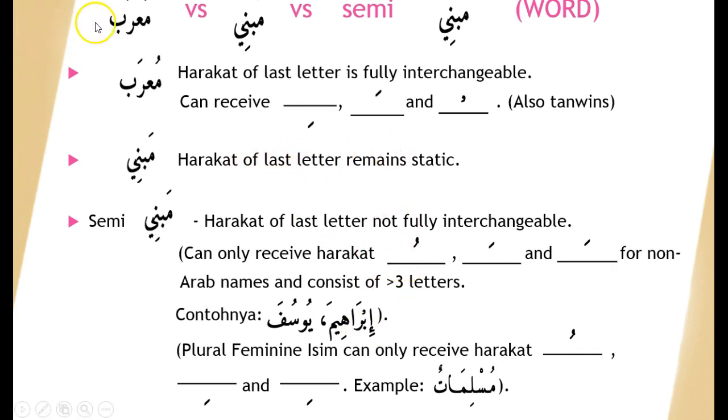Okay. Now, before we continue, there are also terms that we need to understand: the mu'rab versus mabni and semi-mabni. A mu'rab word means the harakat of the last letter is fully interchangeable, meaning that word can take in the a, the e, and the u sound, whether it's kasra, fatha, or dhamma, and also the tanwin, meaning an, in, or un.